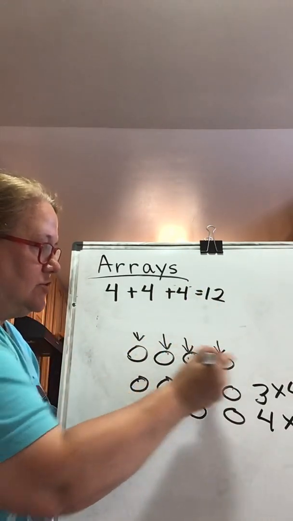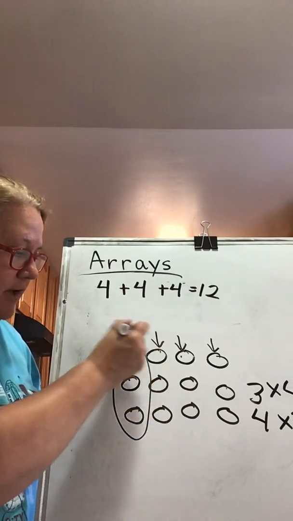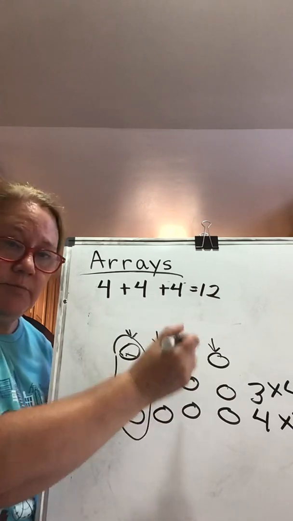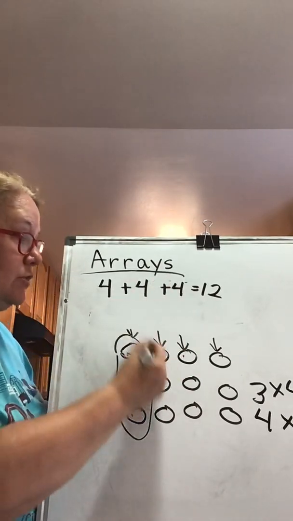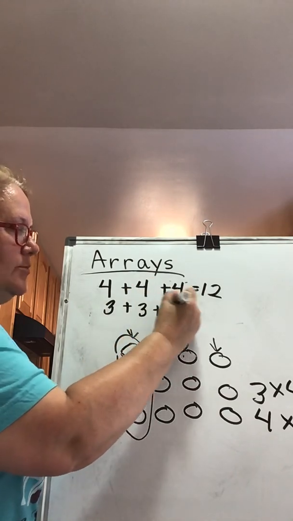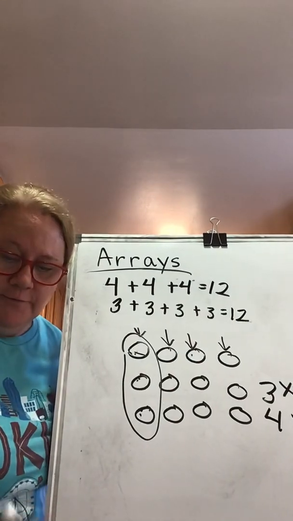What if I did the columns? What am I going to count by? 3. 3 plus 3 plus 3 plus 3. You're going to do it however many you got. So there's 3 in each one. 3 plus 3 plus 3 plus 3, which equals 12.